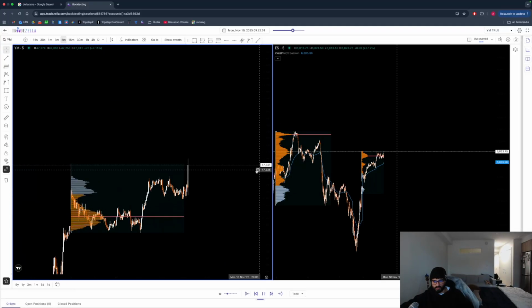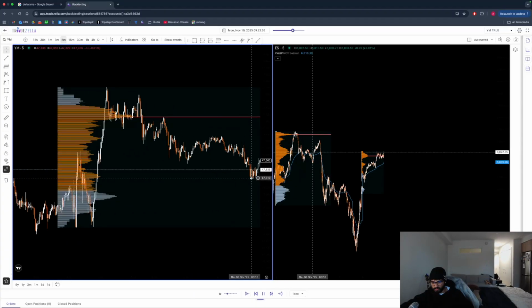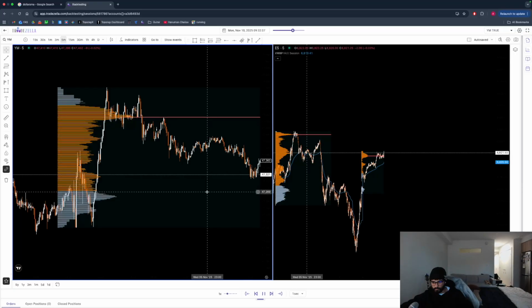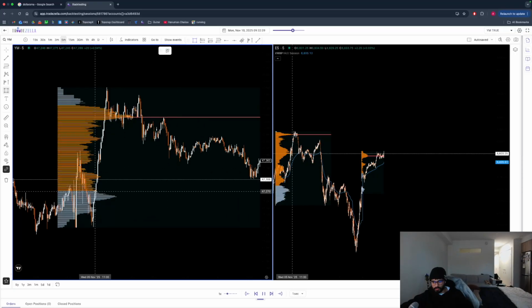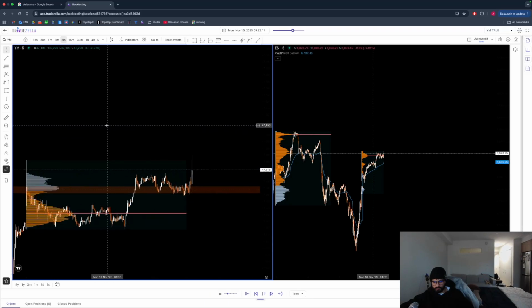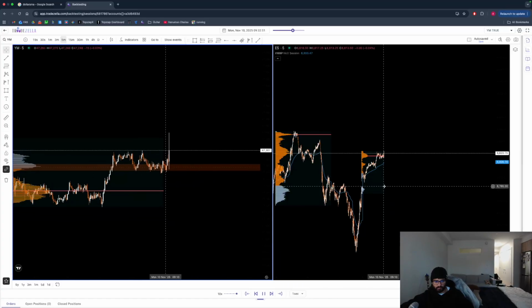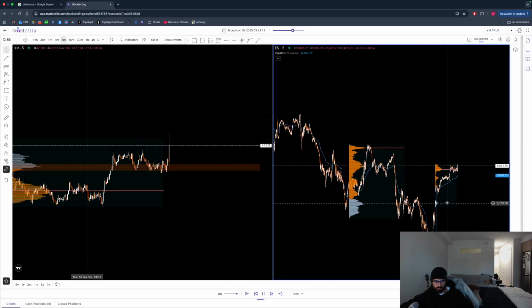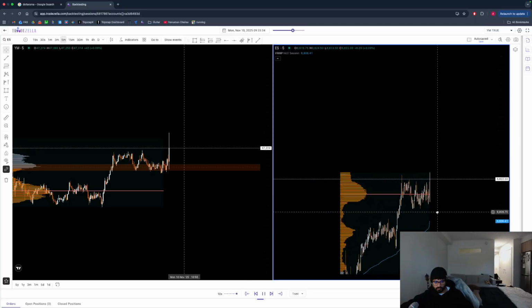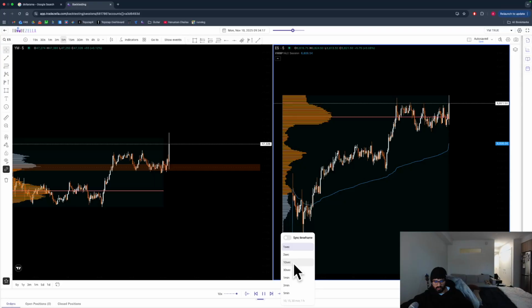We just have to let price action kind of play out. There's a lower shelf here. Yeah, which lines up. So we just have to let the first 5 kind of play out. There's nothing I can really do for the first 5 minutes.